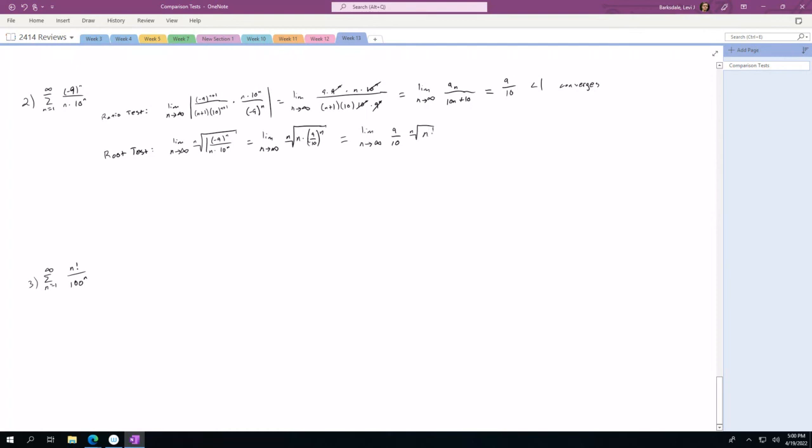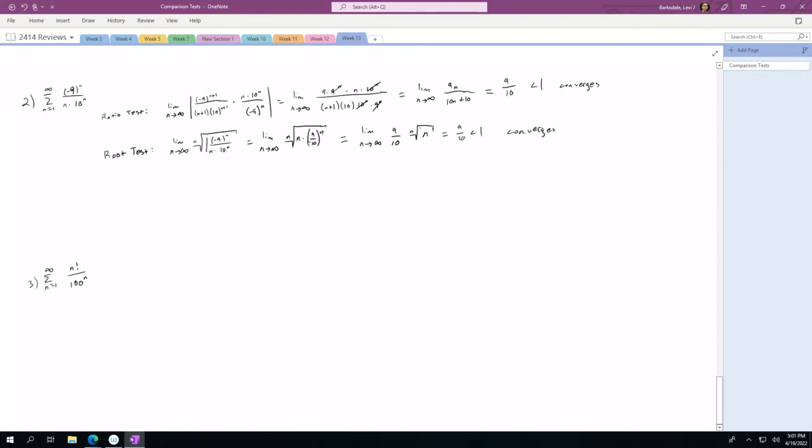And the nth root of n actually approaches 1 as n approaches infinity. So this limit is 9 over 10, which is again smaller than 1, so this one converges.